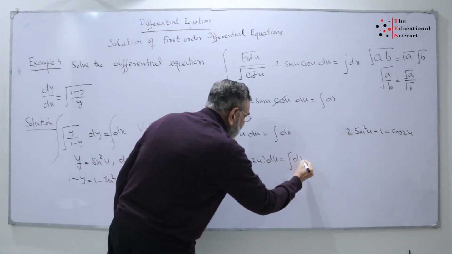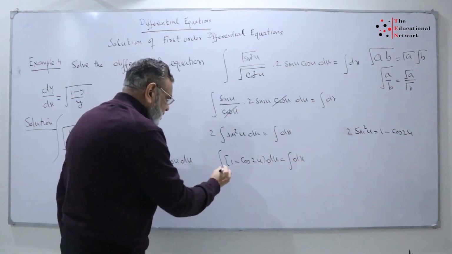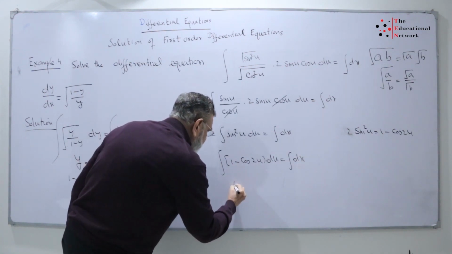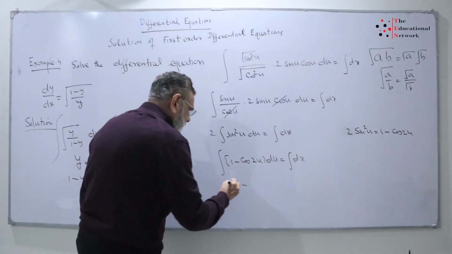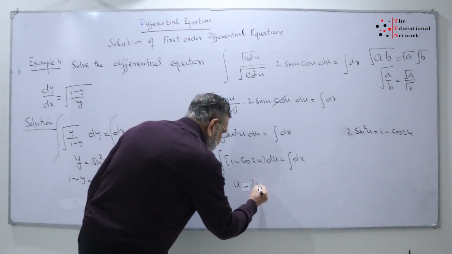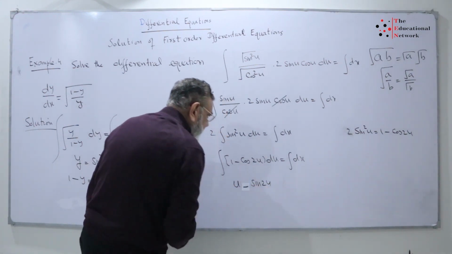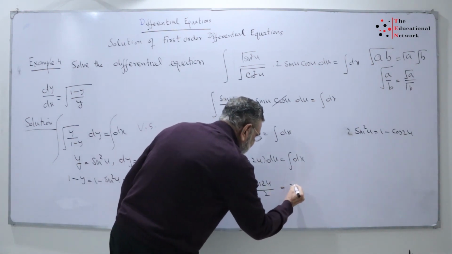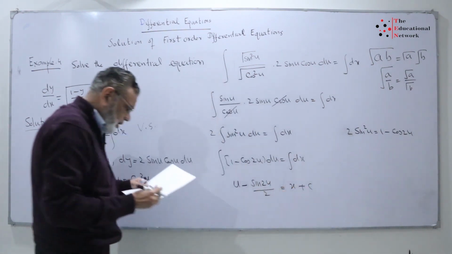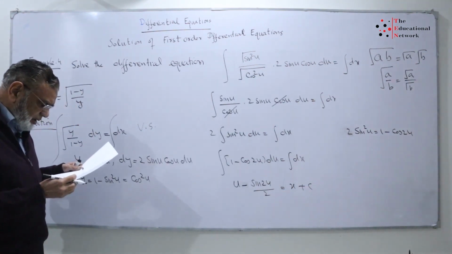Here we are using techniques of integration. Now we integrate this. The integral of 1 is u, and the integral of cosine 2u is sine 2u, and then we have over 2, equal to x plus a constant c. So we get this as our result.